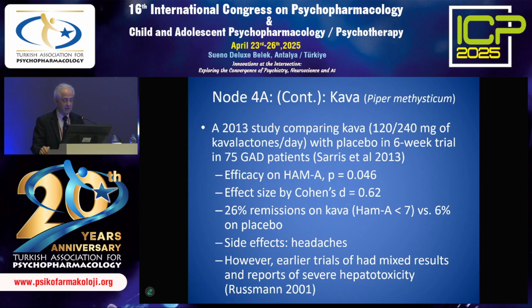It was statistically significant at 0.046, but the effect size by Cohen's d was a rather robust 0.62, and there were 26% remissions versus 6% on placebo. It has headaches as a side effect. There are cases of severe hepatotoxicity and some other studies with more mixed results. So we have it placed here after the second trial.